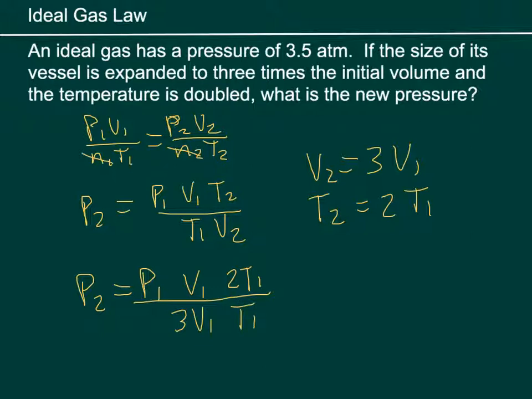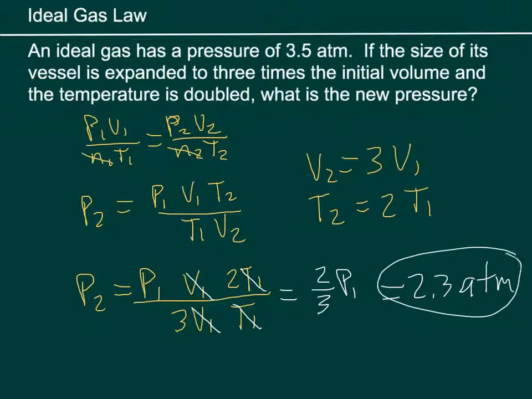So if you look at that now, the V1 over V1 is just 1, can go away, T1 over T1 can go away, and what we're left with is P2 is equal to 2 over 3 times P1. And in this case, we know that that's 3.5 atmospheres, so 2/3 of that will be equal to 2.3 atmospheres. And that's how you solve one of these cases.